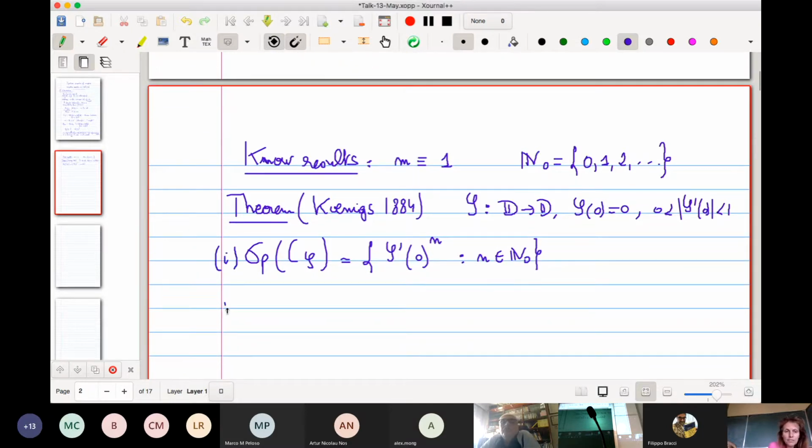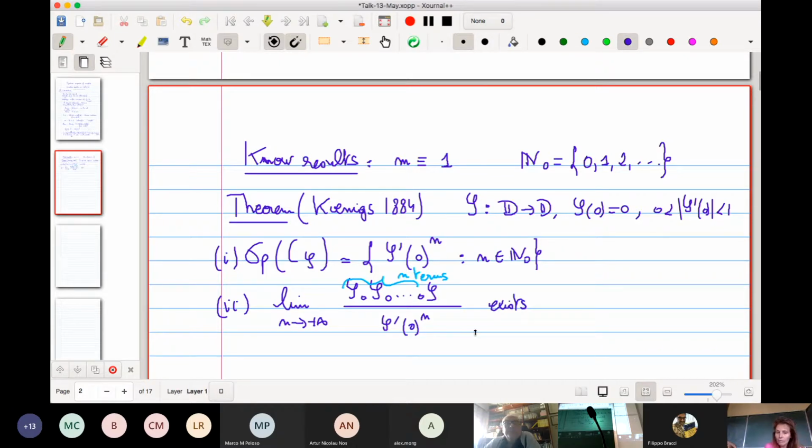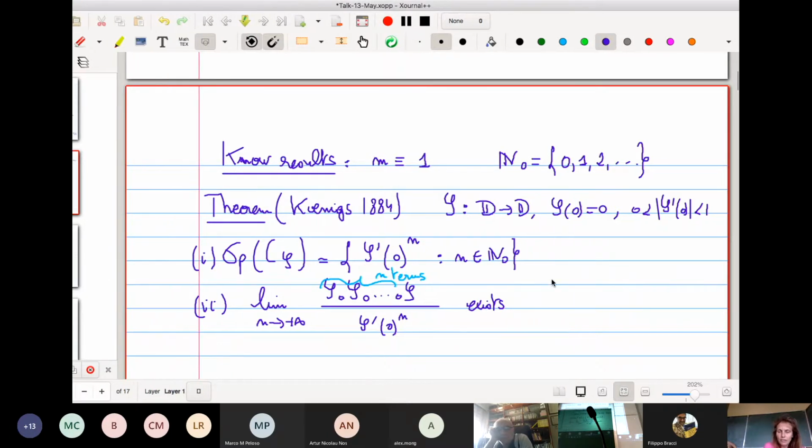And the second result is that the limit, when you take the iterates with respect to the composition, over the derivative at 0 to the n, and here you have n terms, this limit exists in the sense of the uniform convergence on every compact subset of D, so for the topology on H(D).